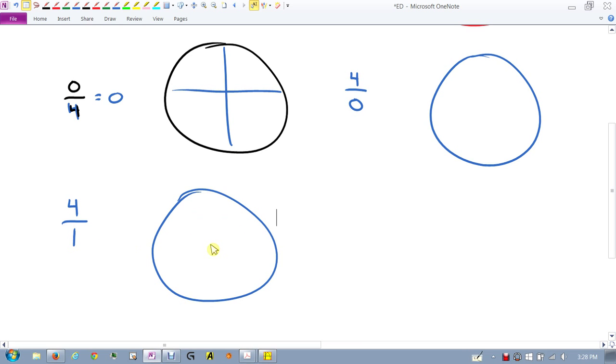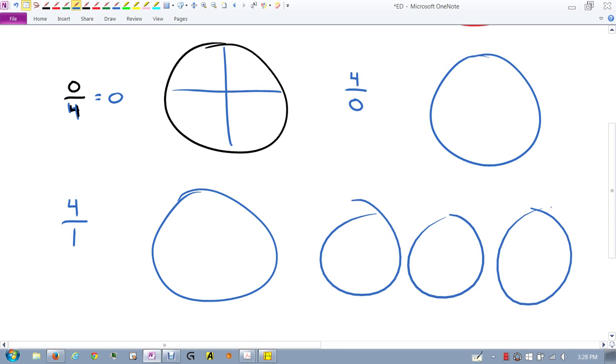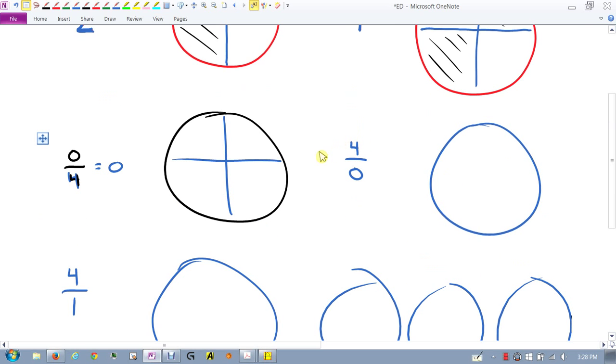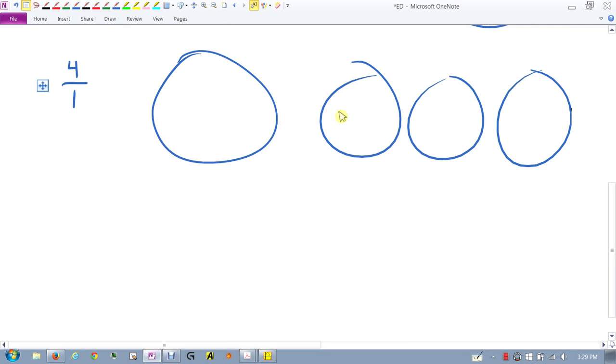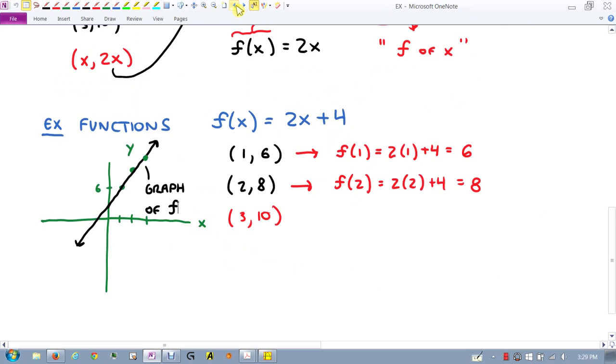It is 1 piece, isn't it? So you get 4 of them. So you get 4 full pizzas, right? So the answer is 4. Does that make sense? If you follow this logic for what a fraction is, it doesn't make sense to have 0 on the bottom. All right. It is what it is.